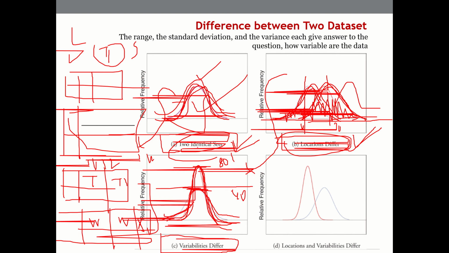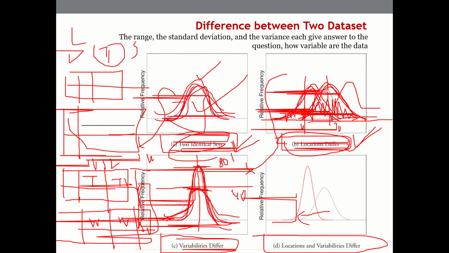It can have central spread of the data, but the y value will be higher or it can be lower at the same time. So it can happen in the negative manner as well, which is called location and variability differs. In this case, if you plot it, the data set is different, and the scoring is also different.